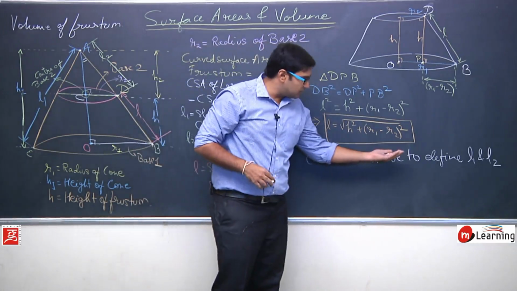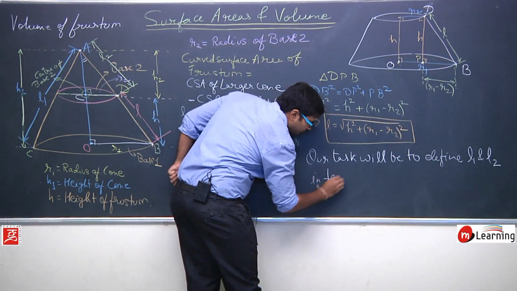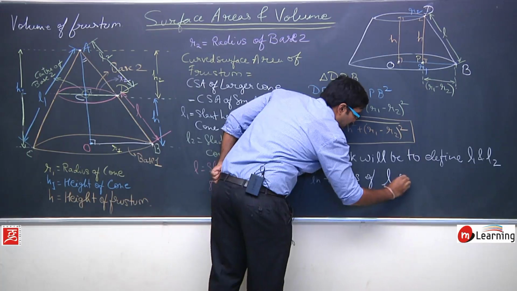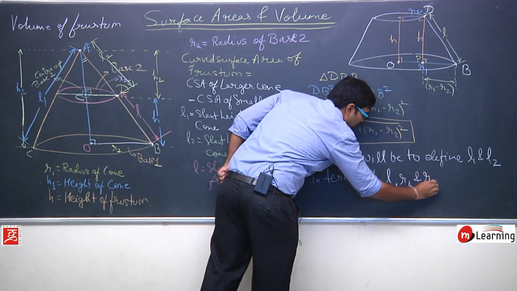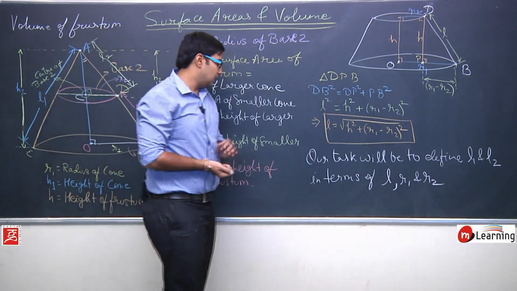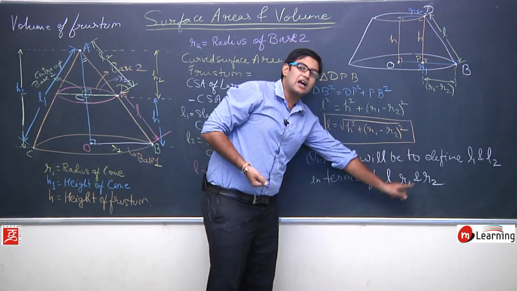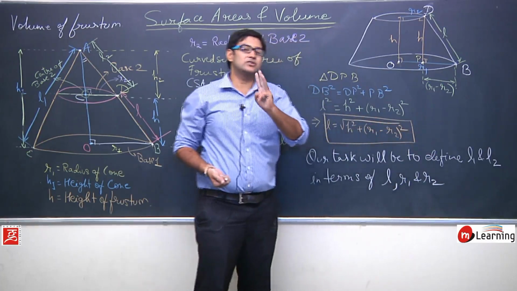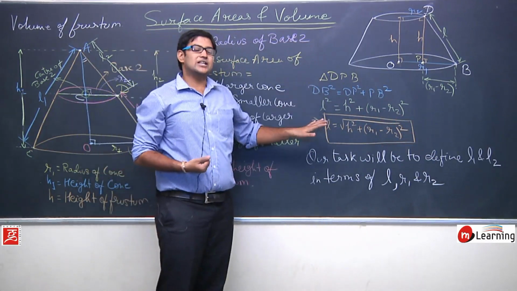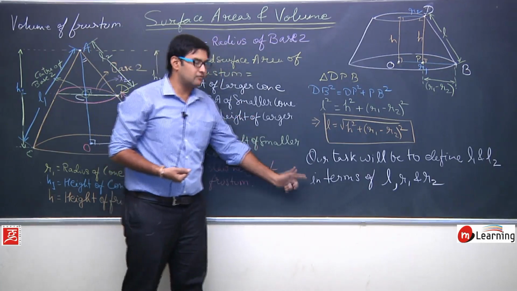So our task will be to define L1 and L2 in terms of L, R1 and R2. Simple, that we need to define L1 and L2 in terms of L, R1 and R2. These are the three values that we need to use. So first note this, take a quick 30 seconds break and we will start solving from here.